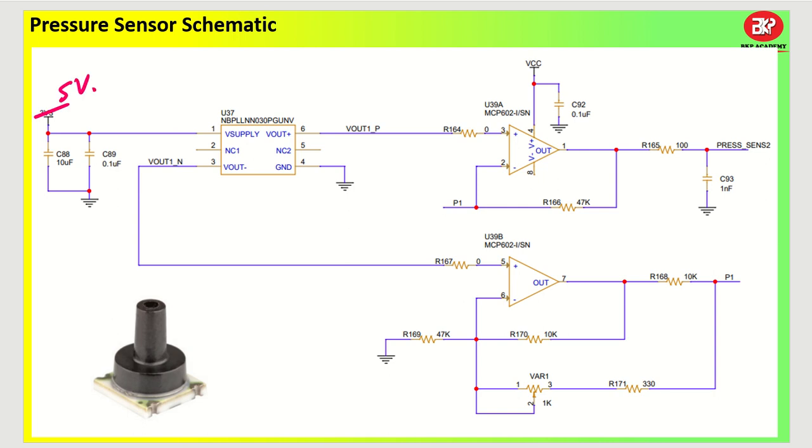This is positive output, this is your negative output. Okay, and this negative output and positive output are taken to the positive terminals of the op amps. Okay, and this has a gain of 10k and 47k, that is the gain setting.